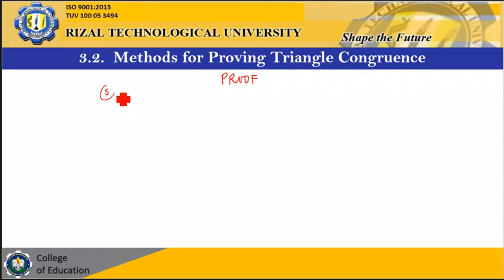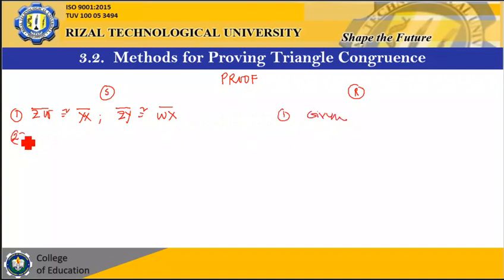We have our statements and our reasons. As always, we'll start with the given. Segment ZW is congruent to segment YX, and ZY is congruent to WX. That is our given.